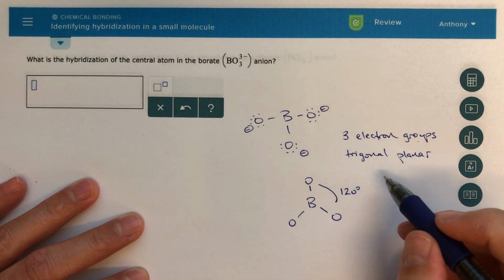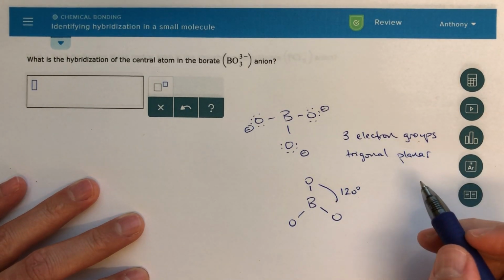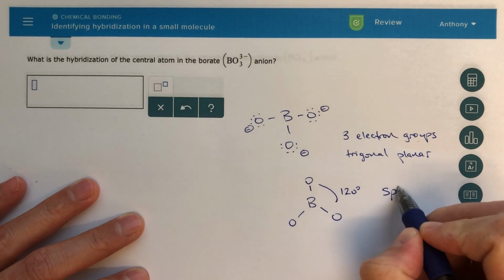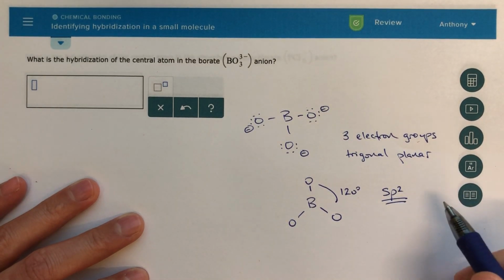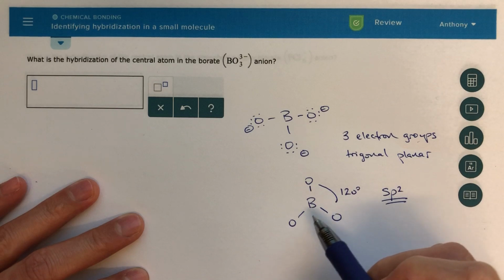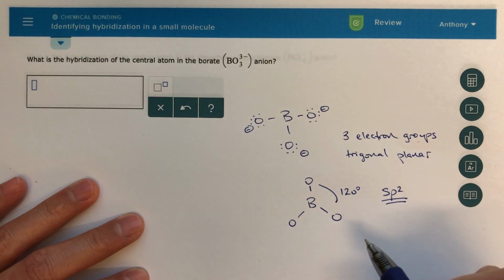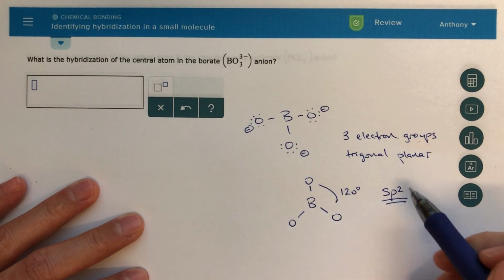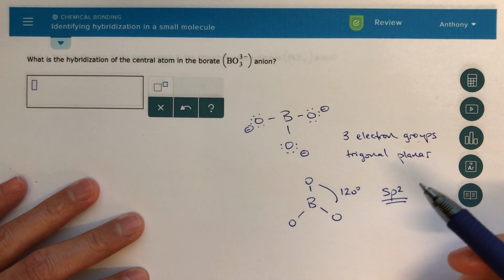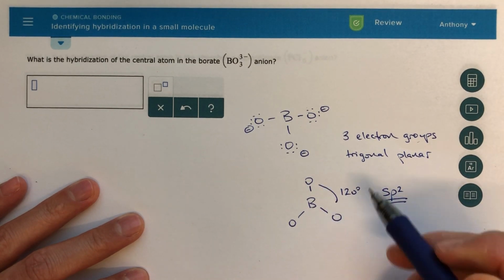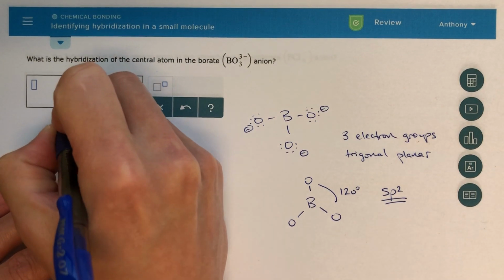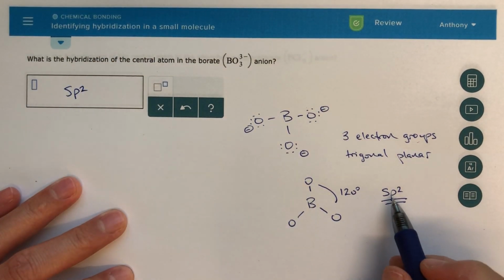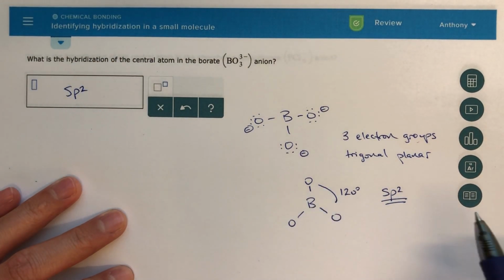So this is telling me that, trigonal planar, 120-degree angles, that I've got sp2 hybridization. So sp2 hybridization is where I've got 3 different groups that are arranged 120 degrees apart from one another. That's how we get to that electron geometry. So the answer for this one is sp2. I'm just basing my answer off of my Lewis dot structure.